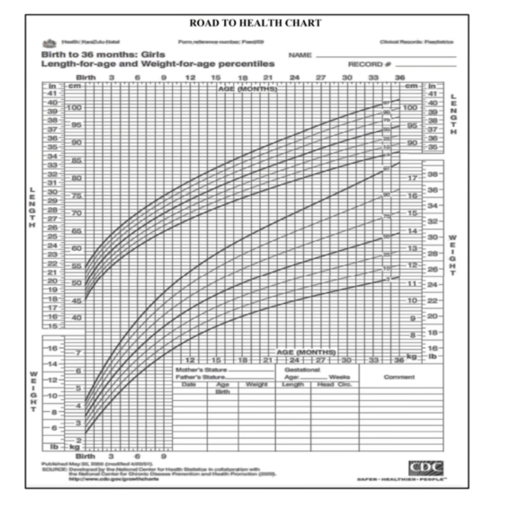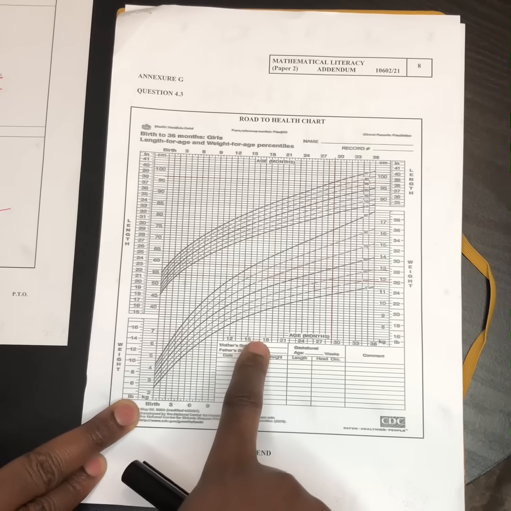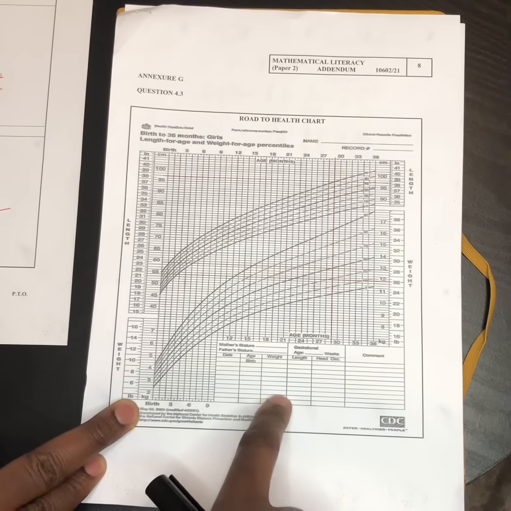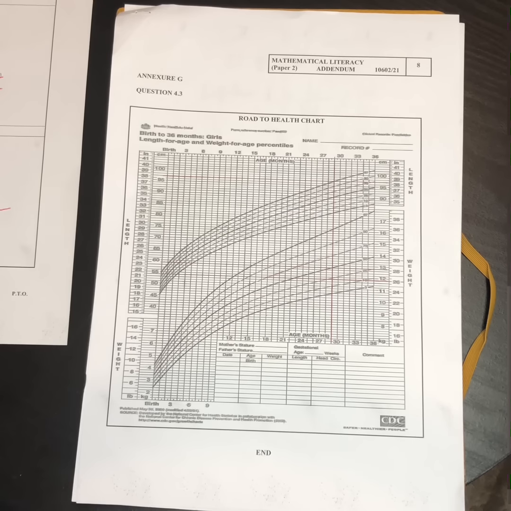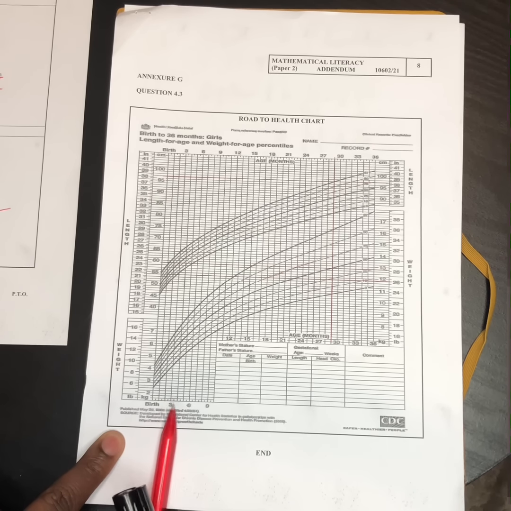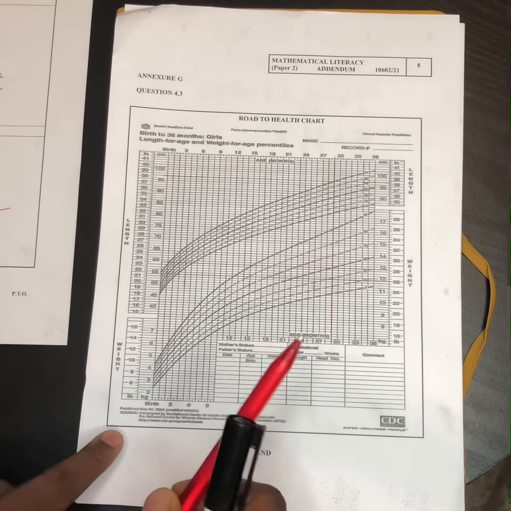It begins with 3 months, 6, 9, 12, 15, 18, 21, up to 36. And then again, if you check carefully, we have numbers in between them: 1, 2, 3, 1, 2, 3, 4, 5, 6, 7, 8, 9, just like that.